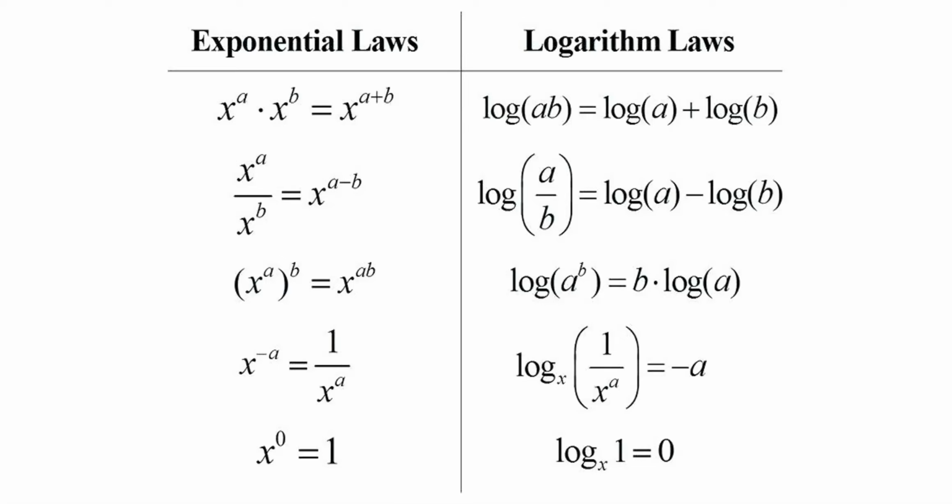So for example, we have over here on the left hand side, x to the a power times x to the b power equals x to the a plus b. So I'm going to do a little example over here. I'm going to go 2 to the third power times 2 to the fifth power is equal to 2 to the eighth power.